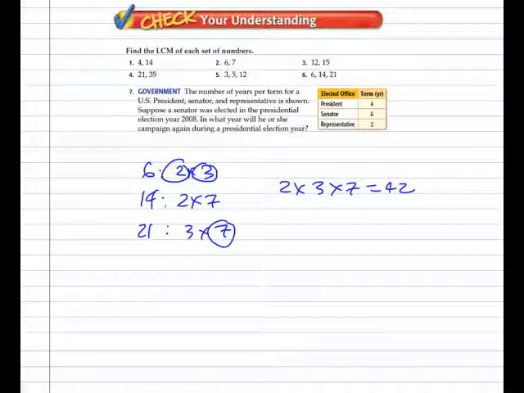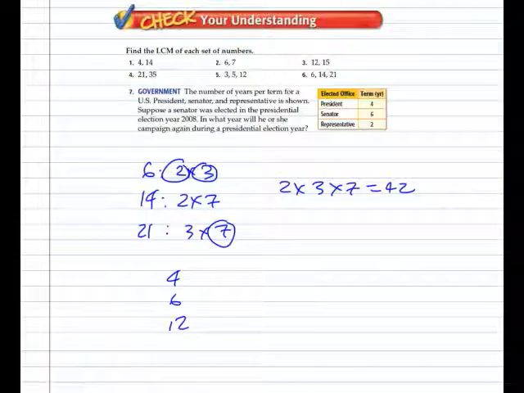The number of years per term for a U.S. president, senator, and representative is shown. Suppose a senator was elected in the presidential election of 2008. In what year will he or she campaign again during a presidential election year? Well, let's see, 4, 6, and 12. The senator was elected in the presidential election year of 2008.